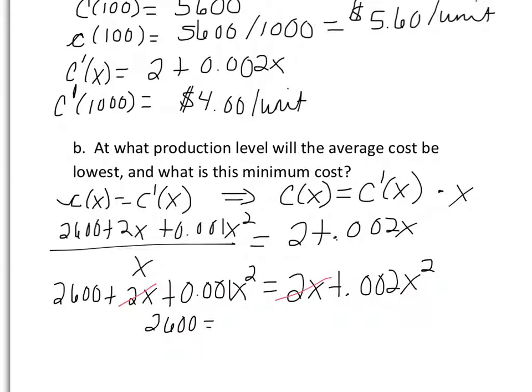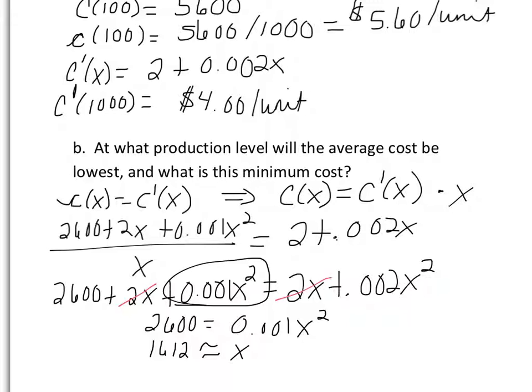I have the 2600, so I will have 0.001x squared when I subtract this from both sides. And if I divide that out, I get x to be about 1,612. So at about 1,612 items, we're going to have our minimum cost.